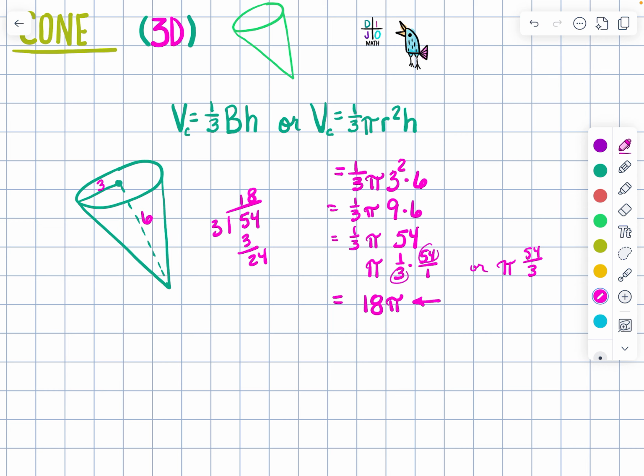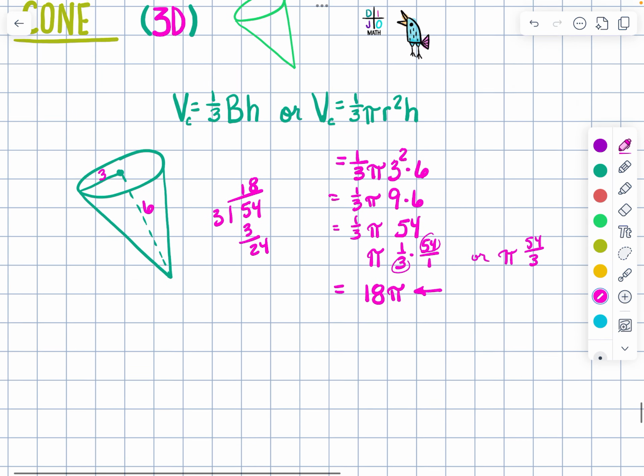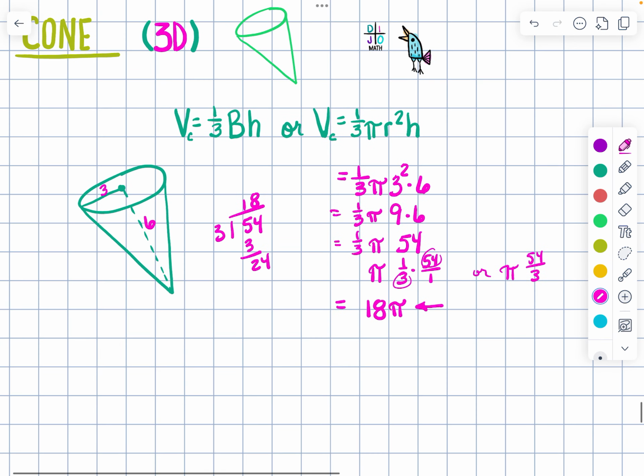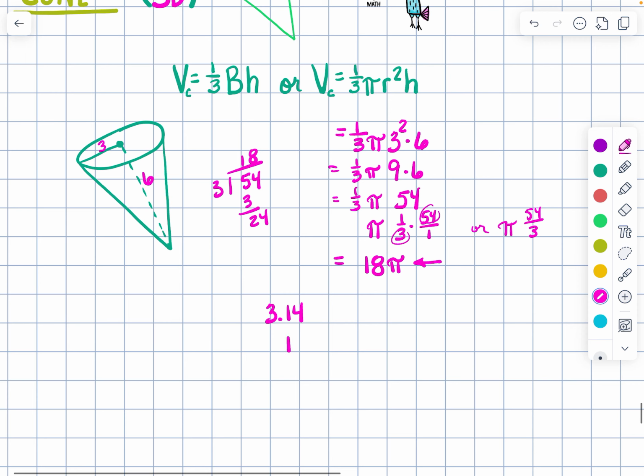Okay, they might have you work out, well, what if pi is 3.14? You might have to do it on the calculator. Sometimes though, when you're working on a standardized test, you don't use a calculator, so it's good to know how to do this. 4 times 8 is 32. 8, 9, 10, 11. 3 times 8 is 24, and 1 is 25. And then we've got 1 times 4, 1 times 1, and 1 times 3.